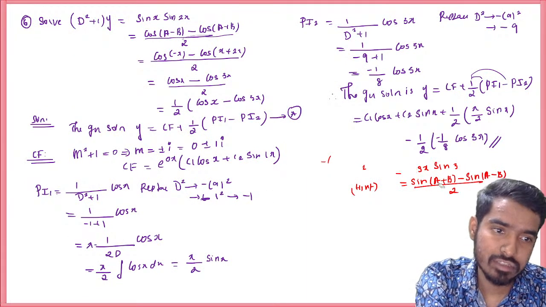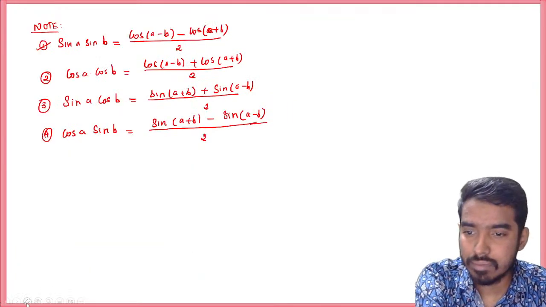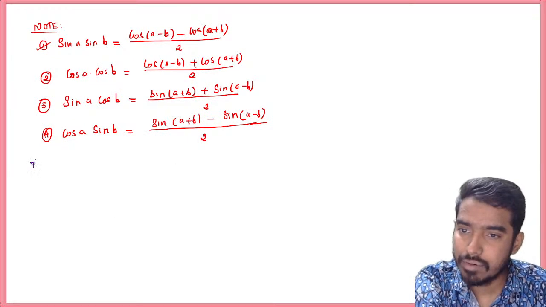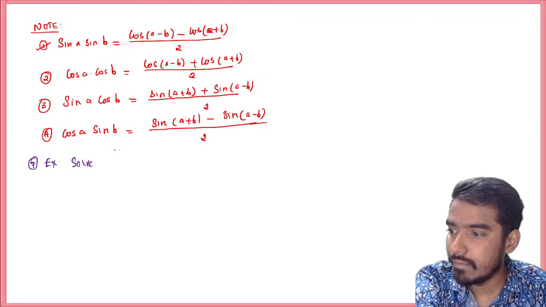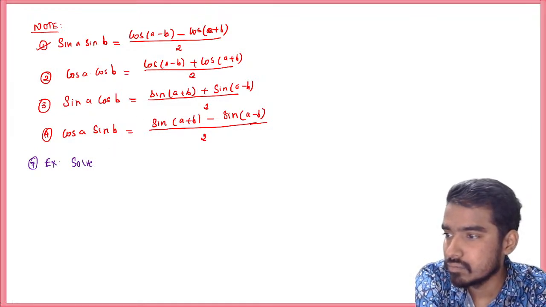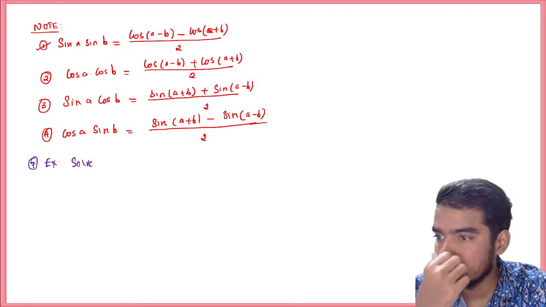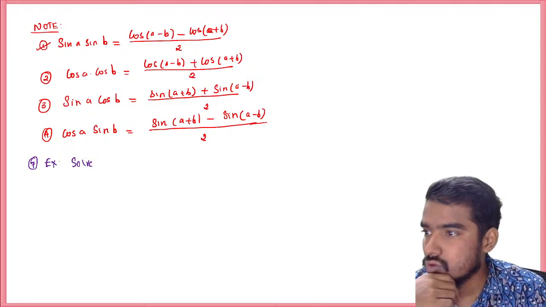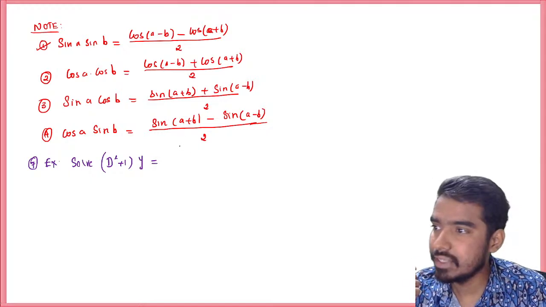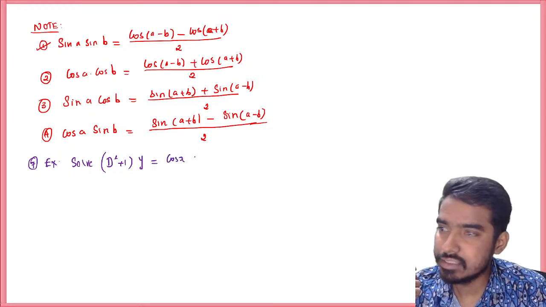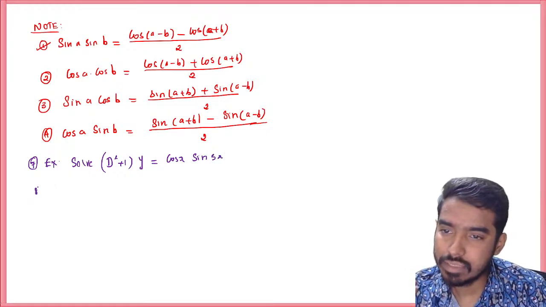I'll write down this problem on this page, right? So the seventh problem is an exercise problem: solve D square plus 1 of y is equal to cos x sin 3x, right? This is your seventh problem.